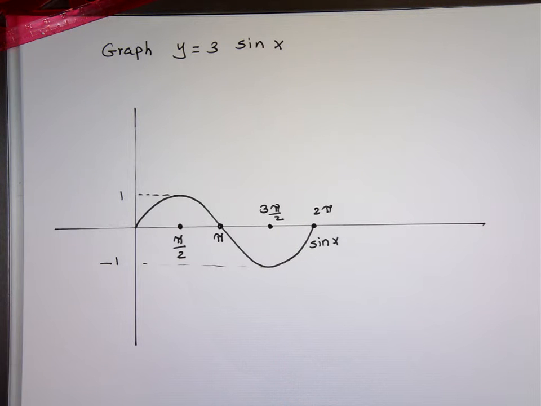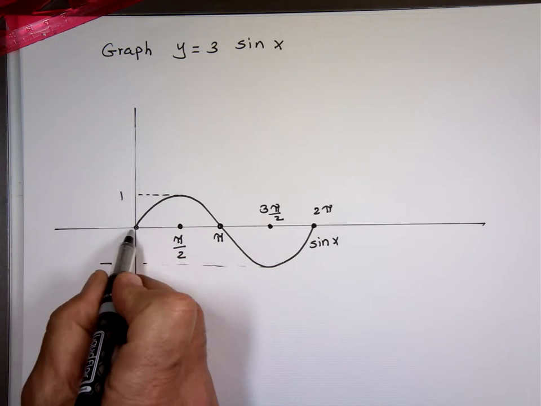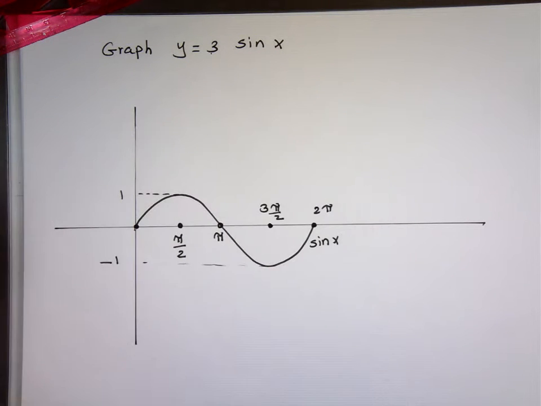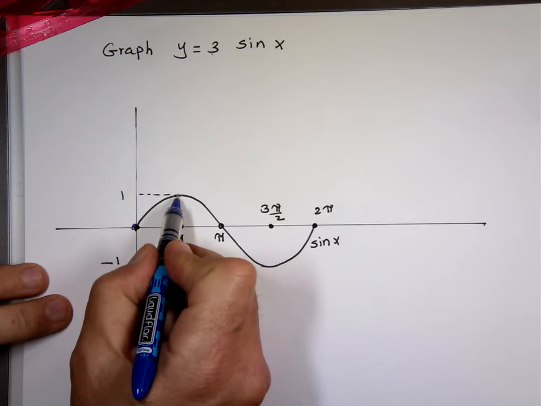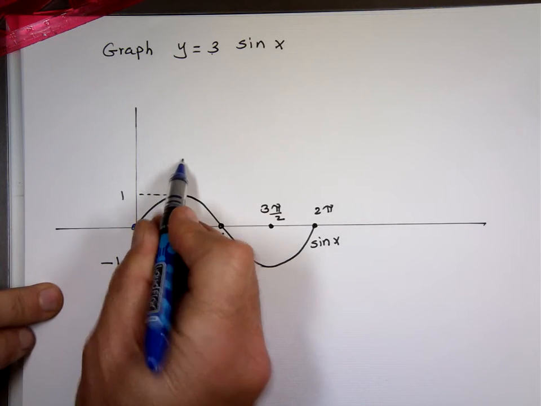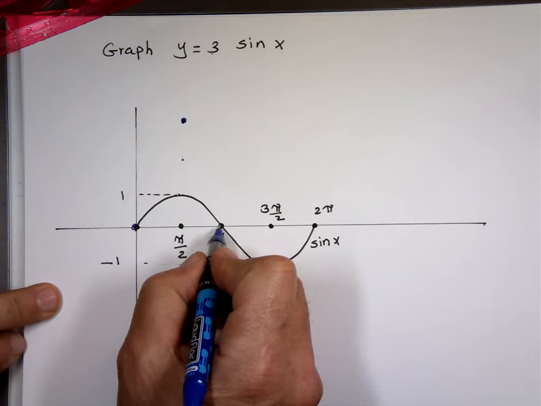Well, if you take them point by point, just to show you, what is the value of sine x here at this point? 0. So what's 3 times 0? Still 0. Right here, what is sine of x equal to? 1. What's 3 times 1? 3. Right here, what is sine of x equal to? 0. What's 3 times 0? 0.